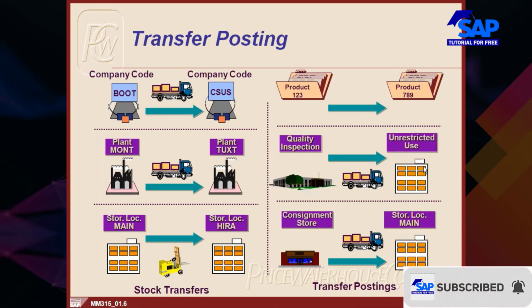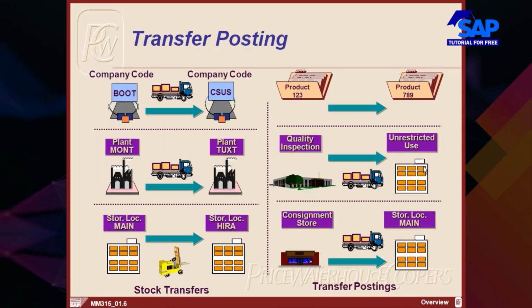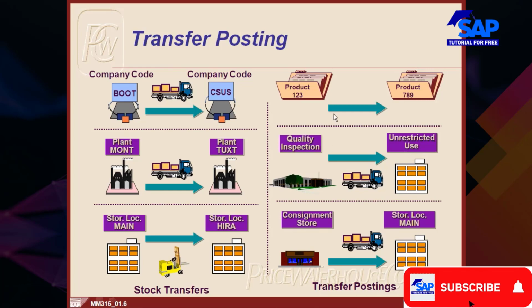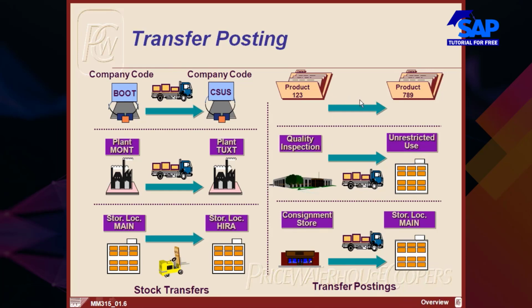And then transfer postings. Like I said, there are two types of transfer postings. Whenever there is a physical material movement, that is called physical transfer postings, or simply stock transfers. In case there is no physical movement of the material, and only the status of the material or the stock type is changed, in such cases you simply call it transfer postings or logical transfer postings.